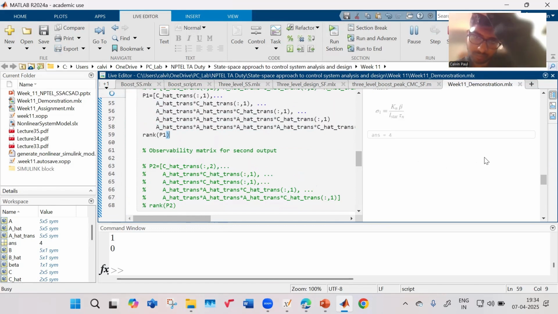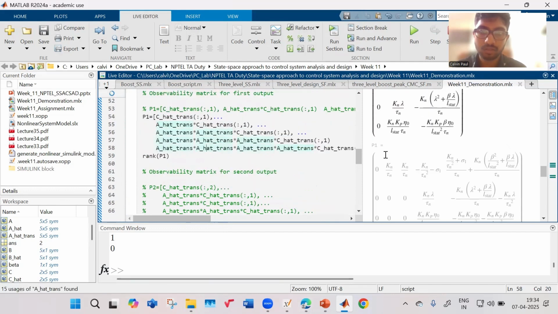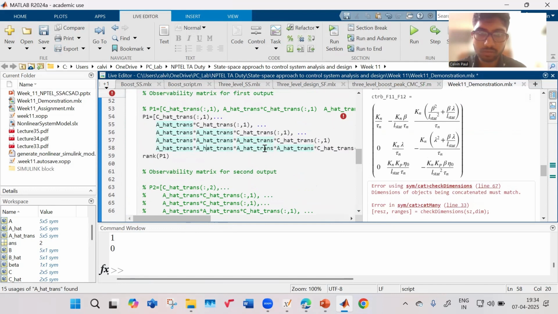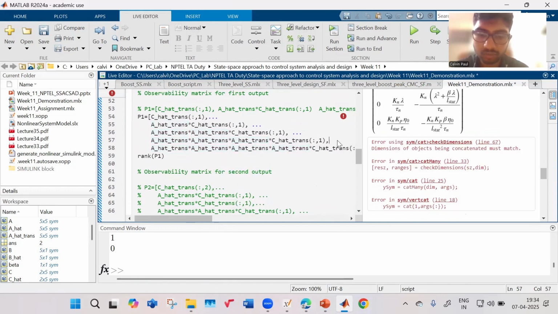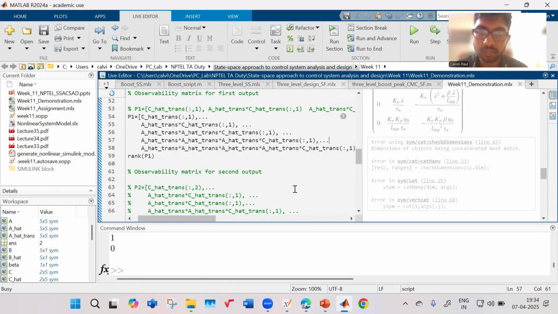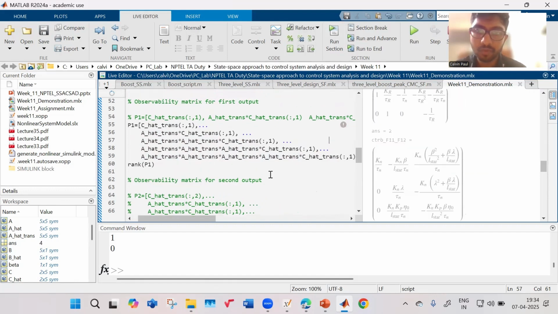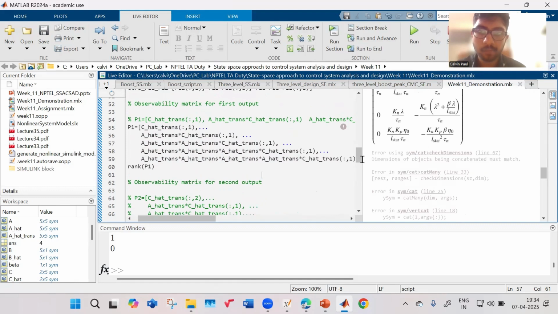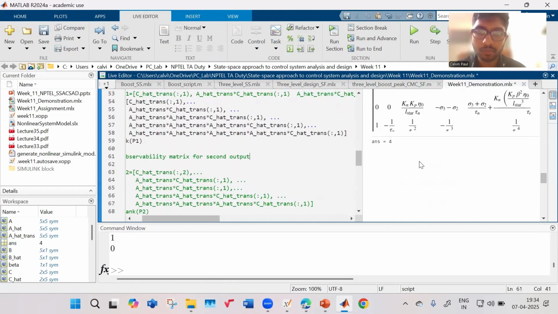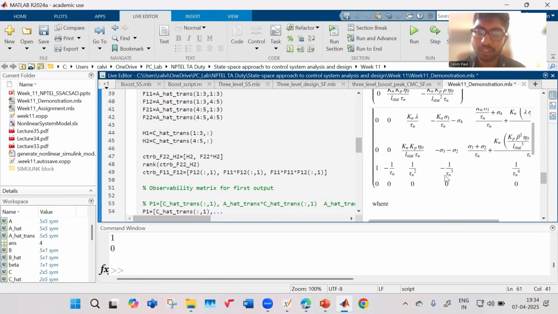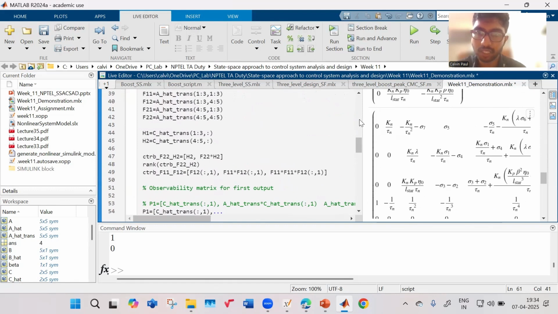This is the final P1 matrix, which is much larger.